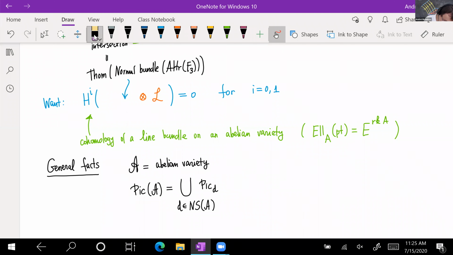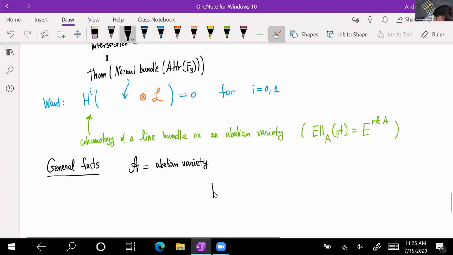Oh, maybe you know what? I'll just try the exact sequence. So if I look at the Picard group, this is the group of all possible line bundles, then this has a component of line bundles of degree 0.